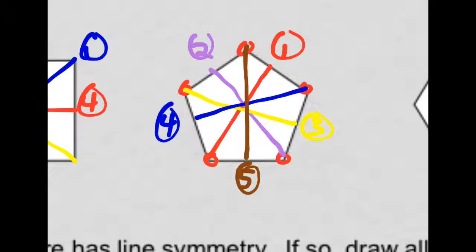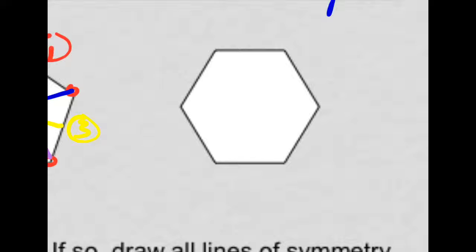Very good. So here's what I suggest when you guys are doing this. I want you to do the one here as well. If you have them, do it in different color highlighters or pens or pencils, like I'm doing here.